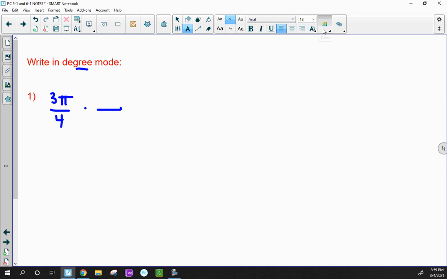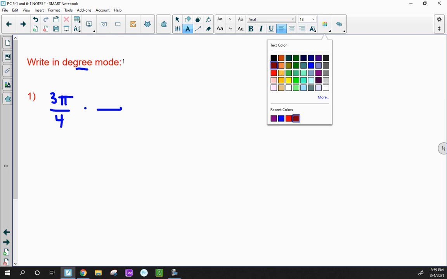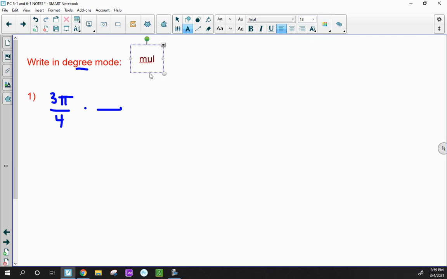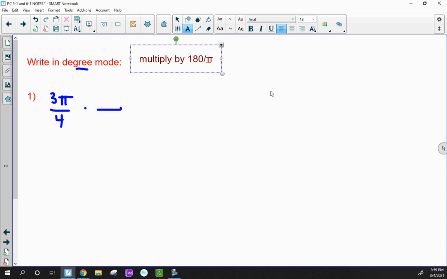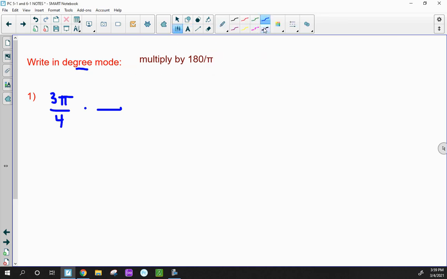To change from radians to degrees, you need to multiply by 180 divided by pi. Okay, and so let me grab my mark for degree. This is the general rule for changing from radians to degrees. Multiply by 180 over pi. We're going to put that right here.